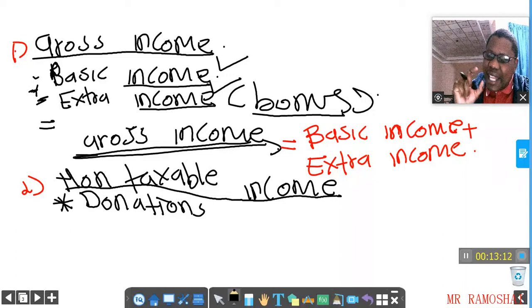So that amount that you have given to the charity, everything now has to be taxed as a gross. So now they say, no, that amount that you gave, we want to separate the tax so that we don't tax the amount that you have donated, because you're just a helping hand. So such amounts are not taxed, right? So every time when you see a donation, just know that a donation is a non-taxable income.